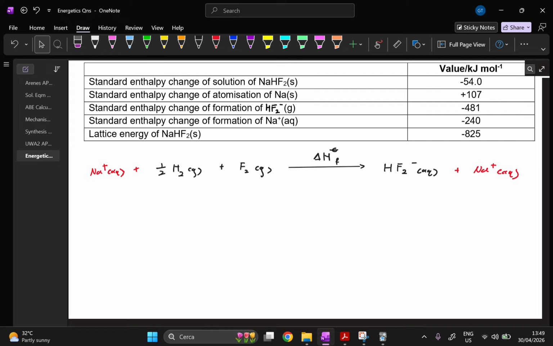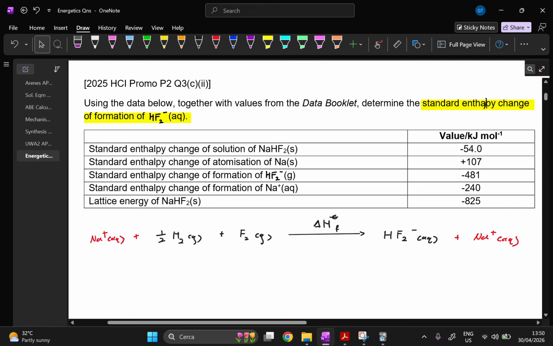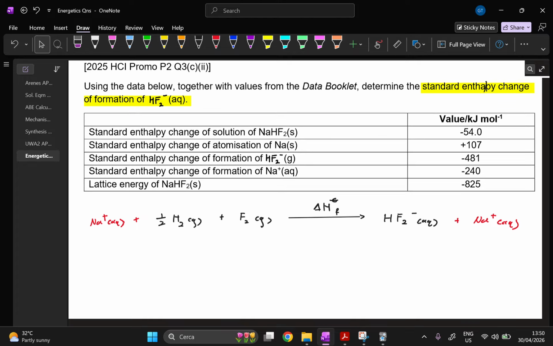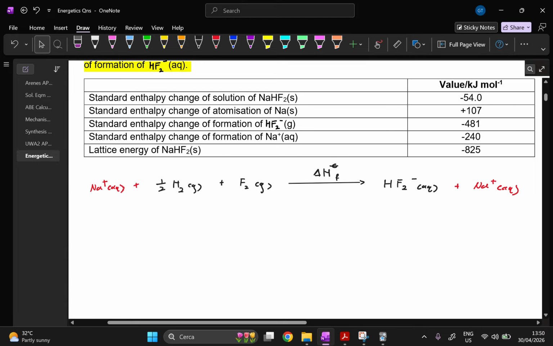Okay? So, remember, I have multiple pieces of information, right? There's unfortunately too many things for me to color, so I'm just going to not color for this question. Okay, so next step from here is to actually look at which pieces of information we can use.